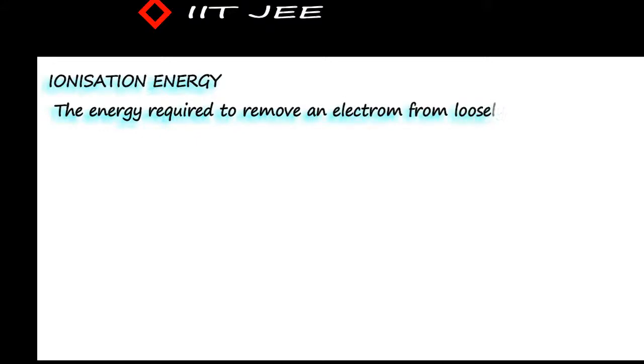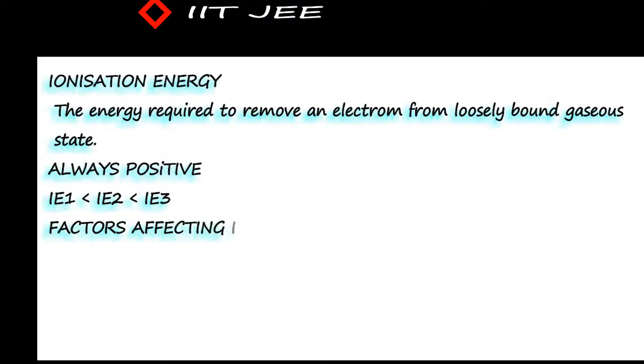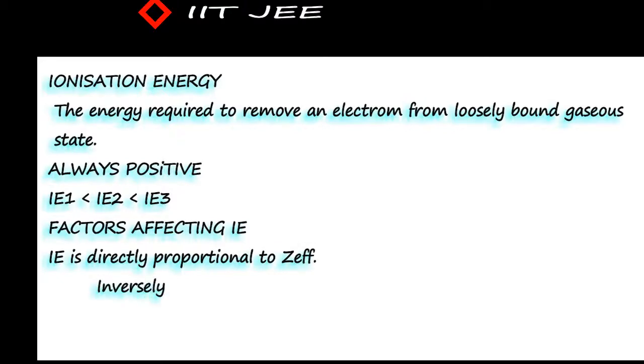Now we'll discuss about ionization energy. The energy required to remove an electron from the loosely bonded gaseous state is known as its ionization energy. Ionization energy is always positive, and do remember that second and third ionization energies are always greater than the first ionization energy. Factors affecting ionization energy.